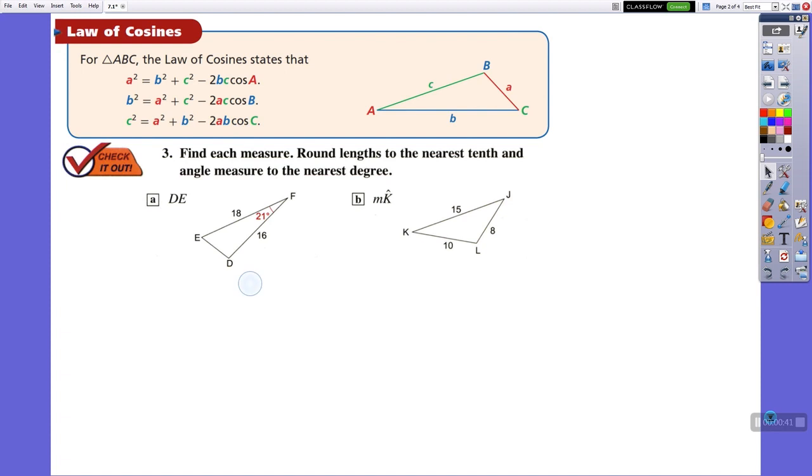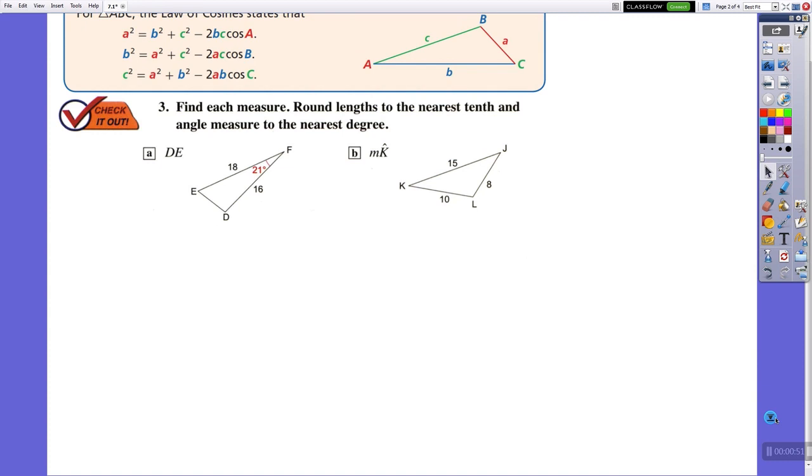In this question you are given 2 sides and one included angle. Here you are given 3 sides and there is no angle given. So let's apply the rule. DE is missing.